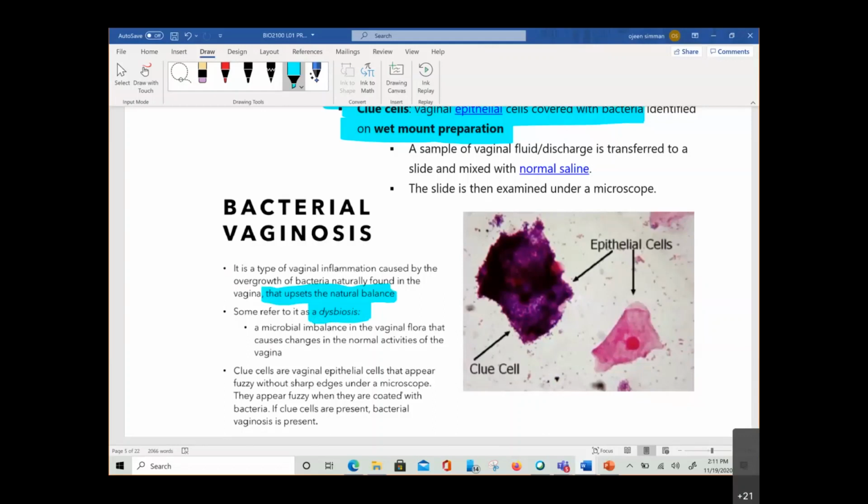Now, clue cells, as we said, are vaginal epithelial cells that are covered with the bacteria. Under a microscope, they appear fuzzy without sharp edges. As you can see, they're appearing fuzzy without sharp edges all over.